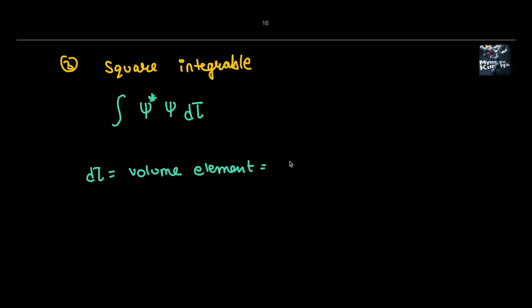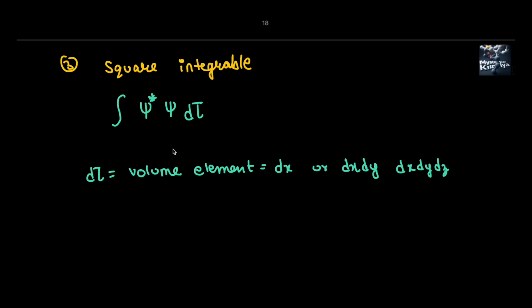For 1D, or one dimension, d tau can be, let's suppose, dx, for two dimensions it can be dx into dy, and for three dimensions it can be dx into dy into dz, right?